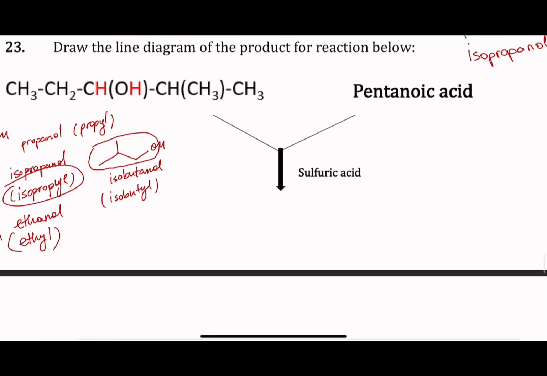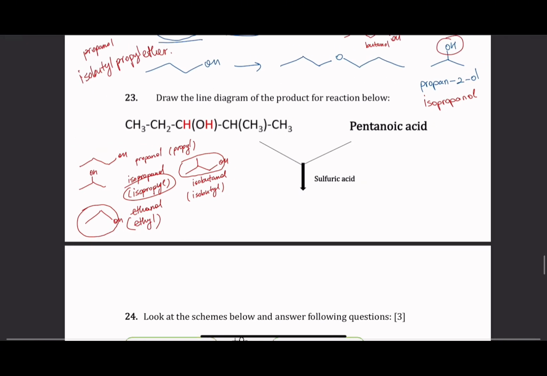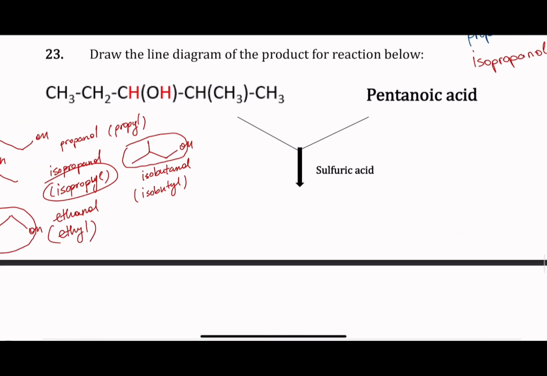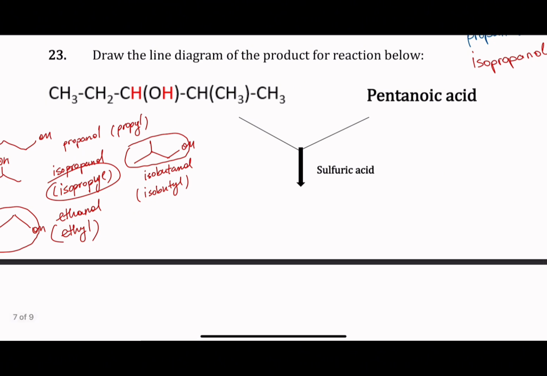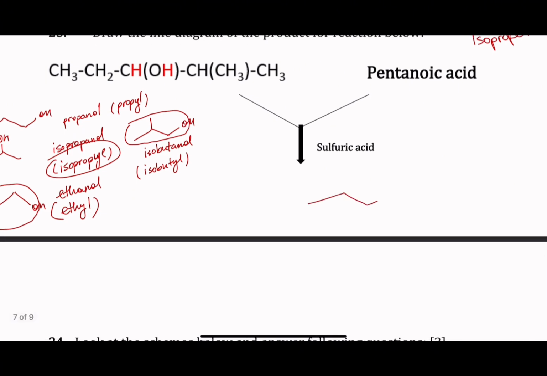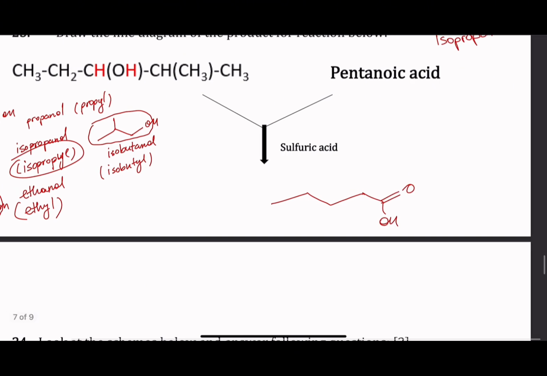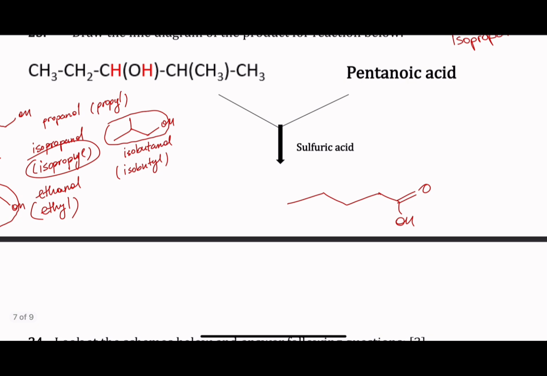Okay, now you have pentanoic acid. Now in here we have pentanoic acid and we have another alcohol. So pentanoic acid looks like this. So pentane and then OH in here. And we have this alcohol in here. So let's see, we got 1, 2, 3, 4, 5 on the main chain.